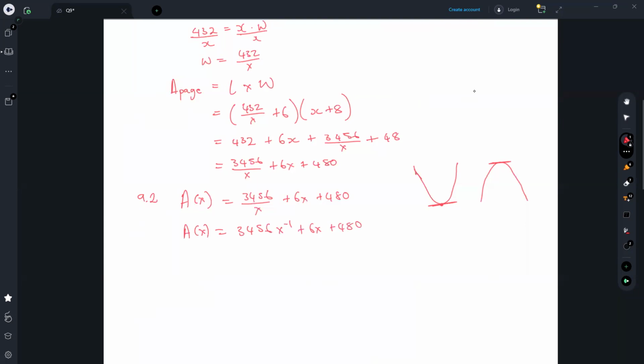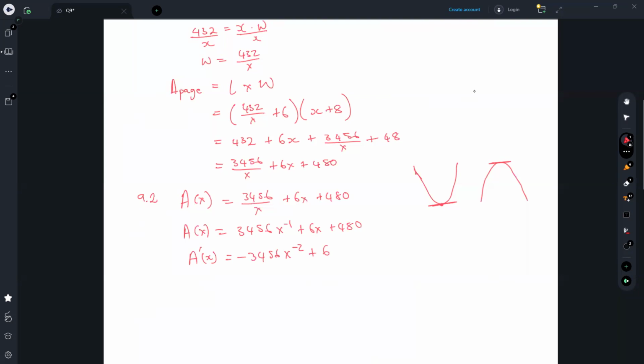Okay, so now when I've placed it like this, I can derive. I'm going to use the power rule in this case. I'm going to have negative 456 in front, x to the power -2, plus 6, and the constant will definitely go away. So now I have the equation of the derivative, okay?